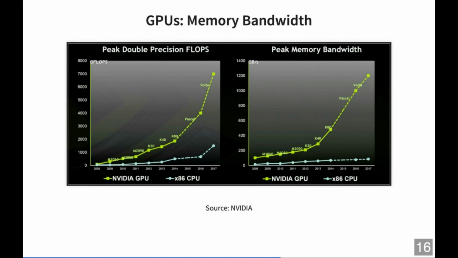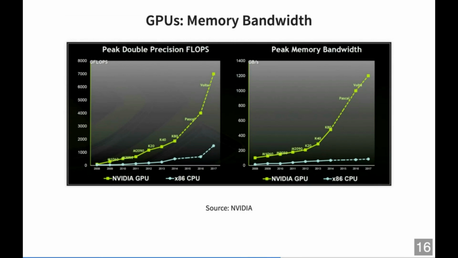Here's the picture for memory bandwidth. This picture comes from NVIDIA, so may be taken with some care. So the left panel is flops, maximum performance. Perhaps more interesting is the right panel, which is peak memory bandwidth.